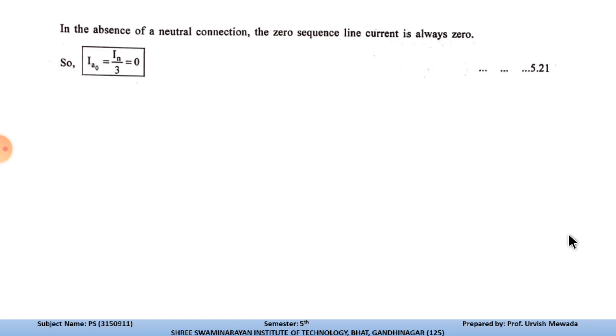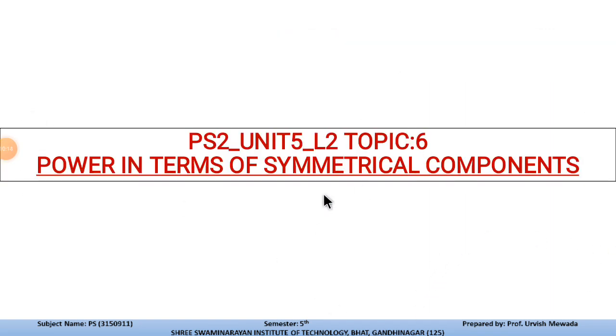Now let us discuss the next topic of this presentation. This is our topic number 6, that is power in terms of symmetrical components. We know that in a power system we have active power, reactive power, and apparent power.